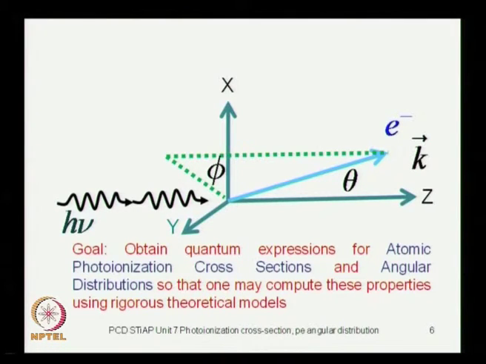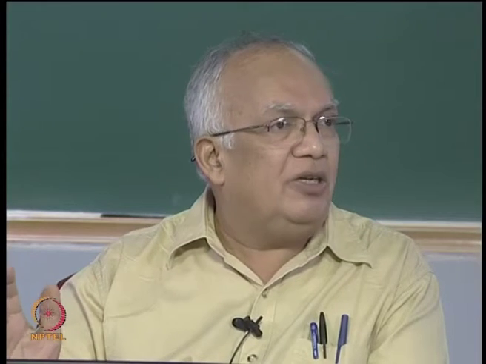So, that will be the reference scheme, and our goal is to obtain expressions for the photoionization cross section and the angular distribution, because with reference to the direction of incidence of the photon and with reference to its polarization direction, what is the angle at which this electron comes out. So, that is the question which we shall take up, and that is called the angular distribution of the photoelectrons.